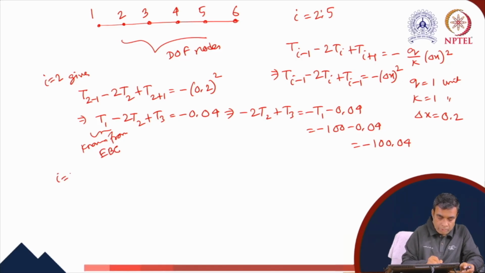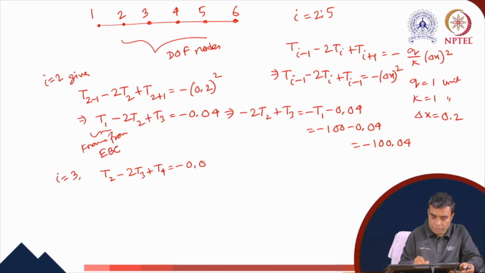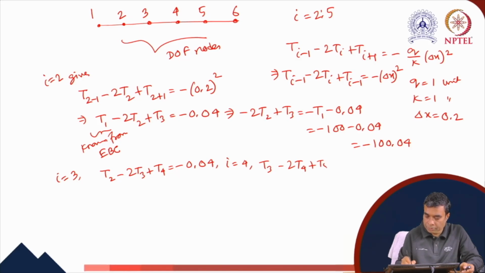Now for I equals 3, we can write T2 minus 2T3 plus T4 equals minus 0.04. For I equals 4, we can write T3 minus 2T4 plus T5 equals minus 0.04.